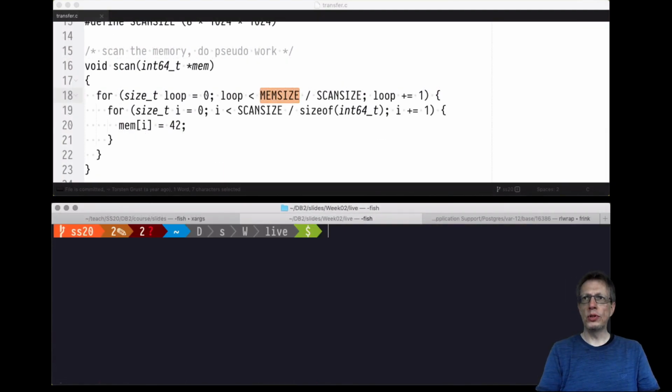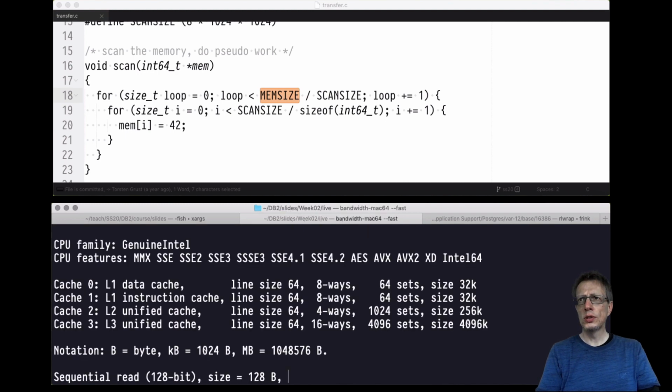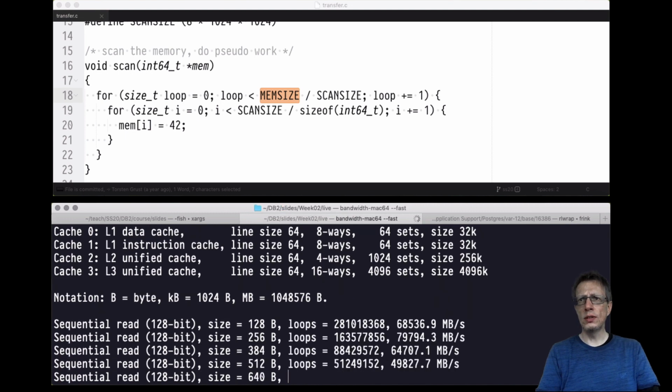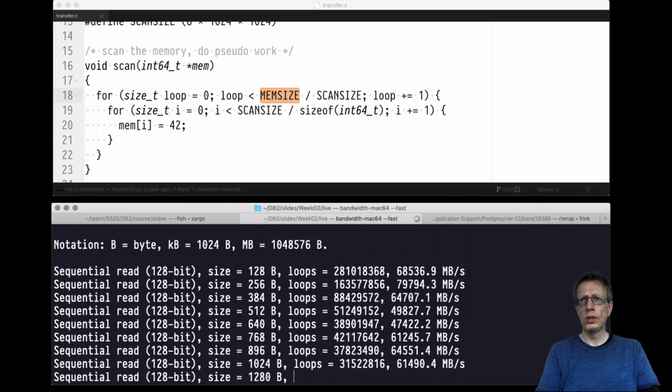I brought a different program with me that can measure the actual bandwidth of memory read-write operations. So you can see that our transfer.c program above did not go wrong. So let's do that. Let's let it run for a few seconds.